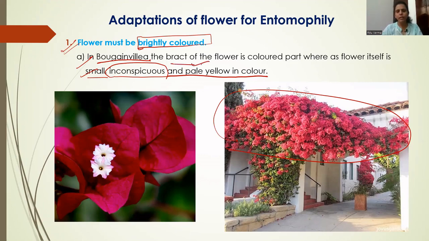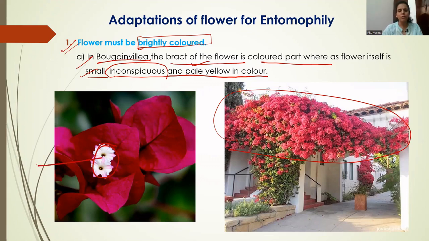But the bract of this flower, the perianth of this flower, is actually a colored part. The bract is brightly colored, and this bract attracts the insect towards it. The flower is very small, inconspicuous and present within these bracts.